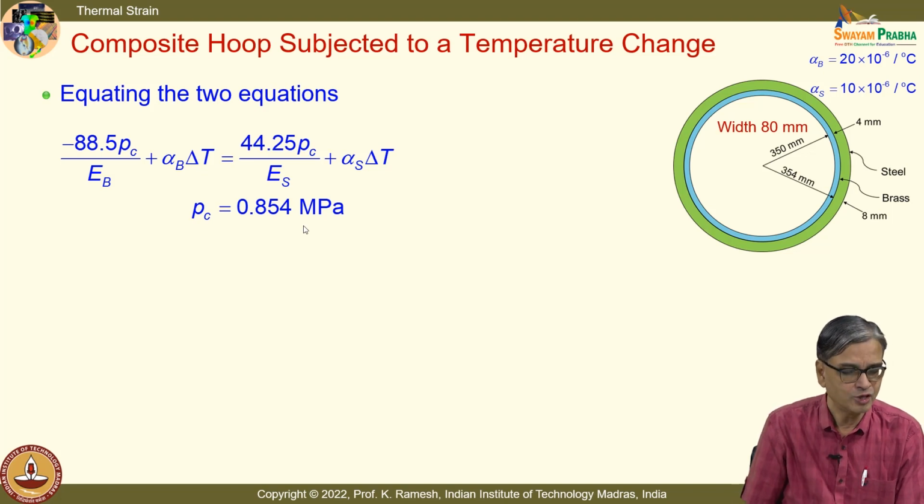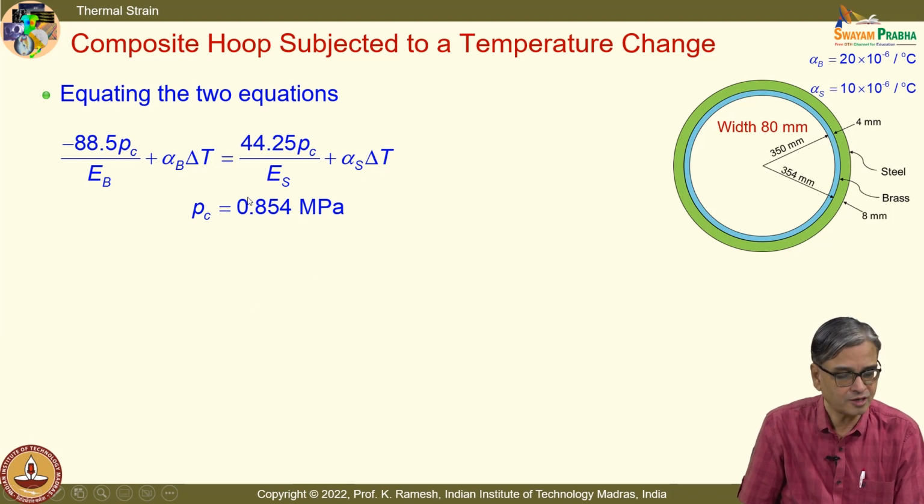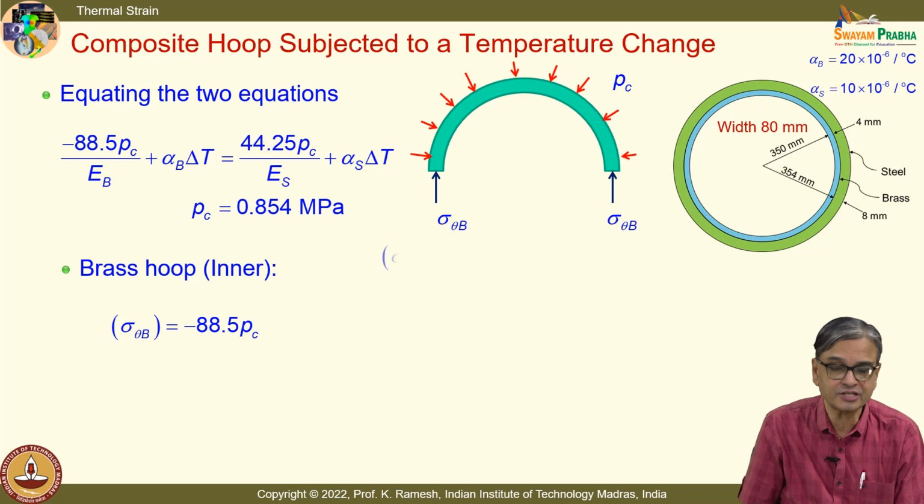Fine. So once you know the interfacial pressure, the pressure on the interface of the brass and steel, I can compute the stress on the inner hoop. I can also compute the stress on the steel hoop.